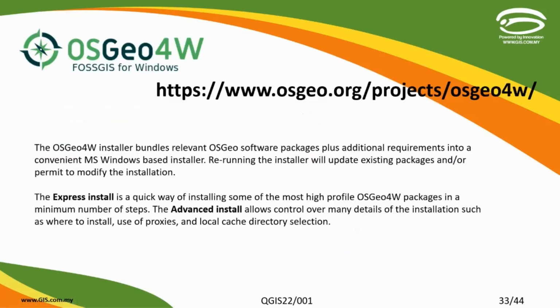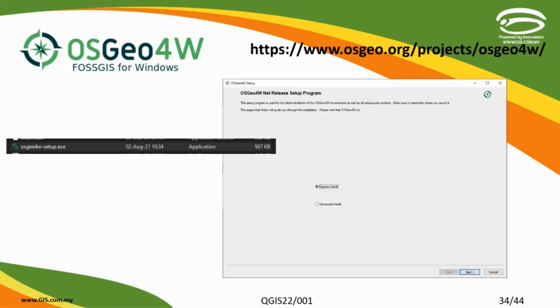Now, let's talk about OSGeo4W. What is that? OSGeo4W is software that you use to download other software. So you can download this from osgeo.org, and once you have it installed, or more like decompressed on your machine, you can use the Express install or the advanced install, as you can see.